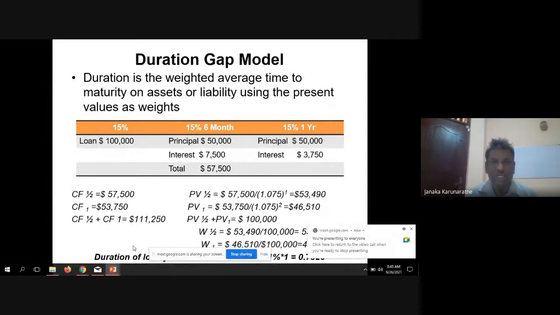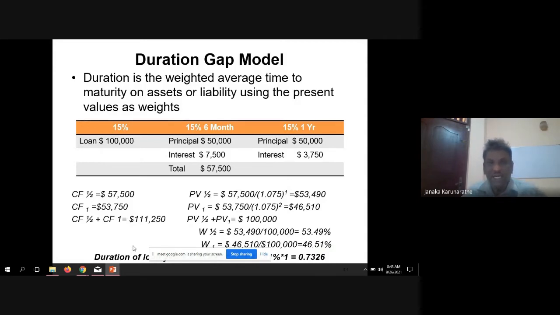Now, take a very simple example of a loan of 100,000 given at a rate of 15%. It needs to be settled over a 1 year period, of which 50,000 is to be paid in 6 months' time, and the balance 50,000 to be paid after 1 year.